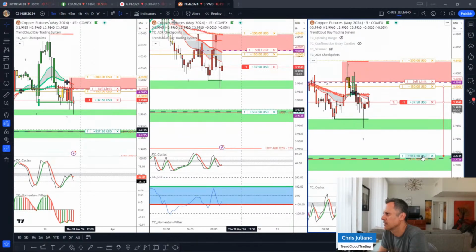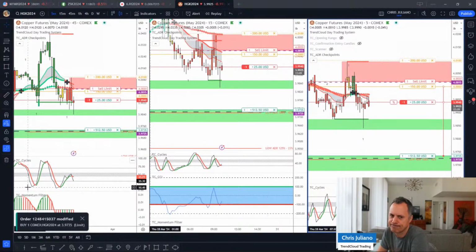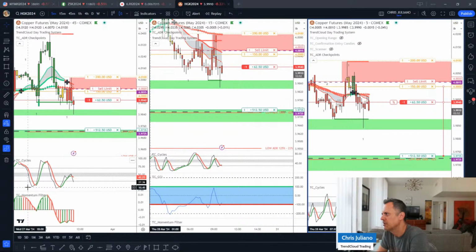If we break through this demand zone, we've got a really good chance of hitting that ADR checkpoint. But we don't know what's going to happen. You can only make observations, set the trade up, and see if it works. That's all you can do. That's the level of uncertainty that you have to get used to.